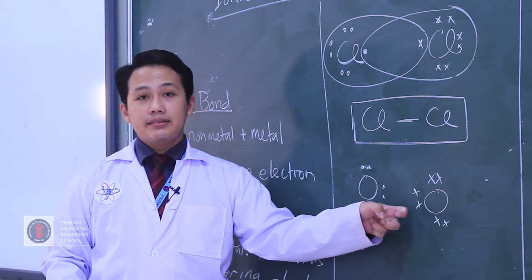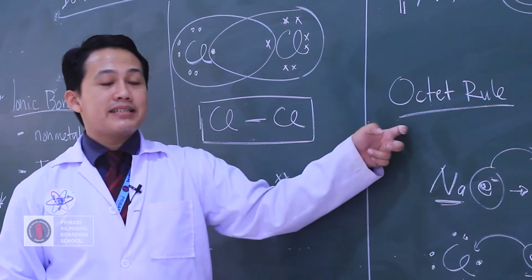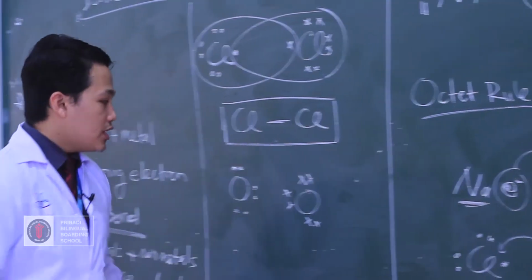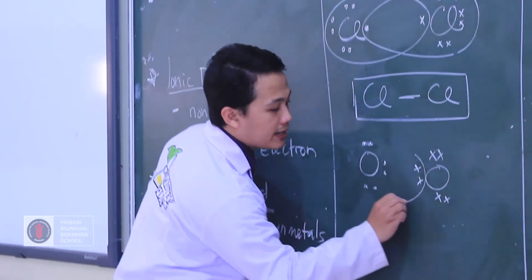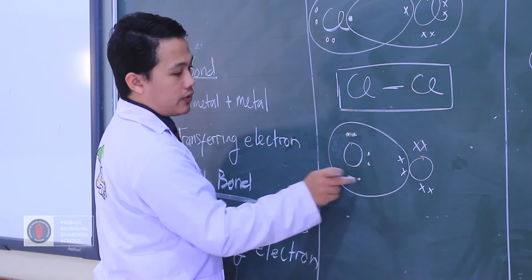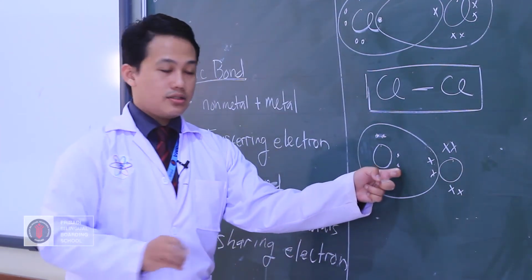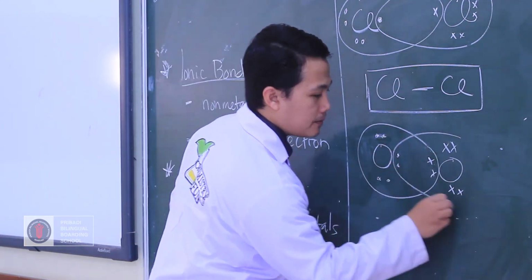How can they satisfy the octet rule? Yes, basically sharing their electrons. So it will borrow these 2 electrons. So it will be 1, 2, 3, 4, 5, 6, 7, 8. And this oxygen also will borrow these 2 electrons. Okay.